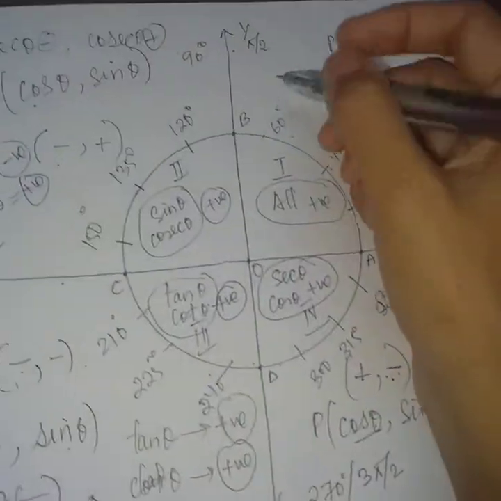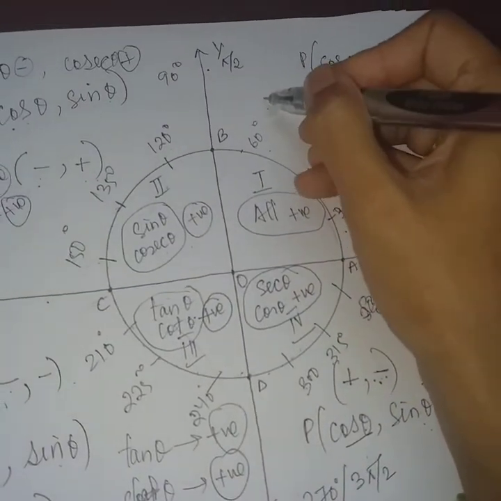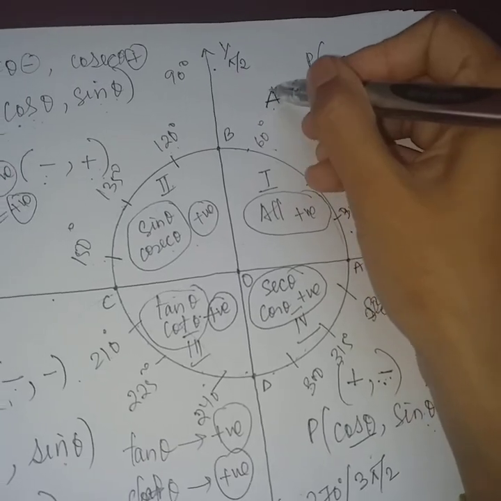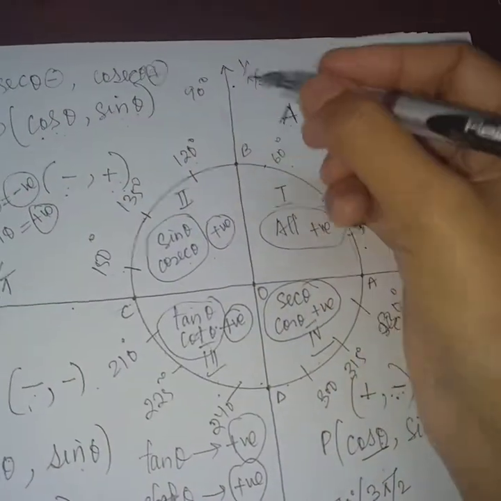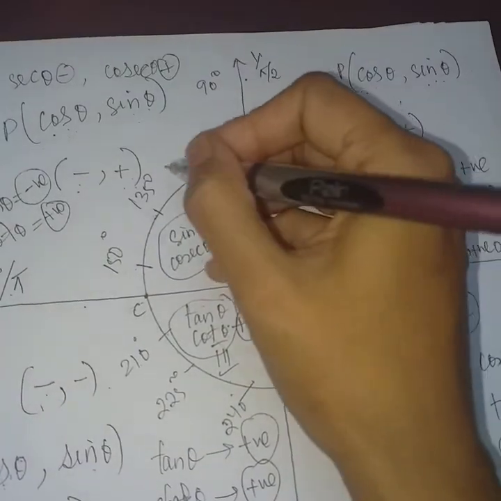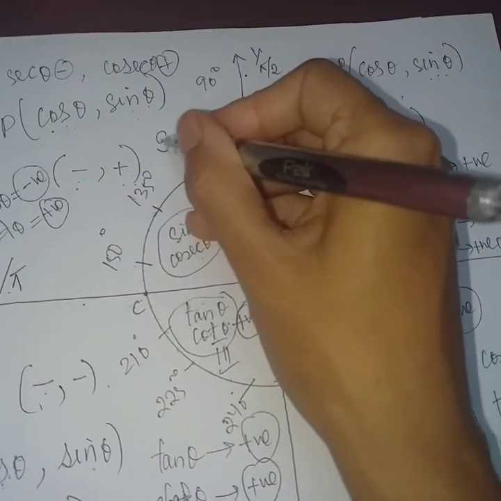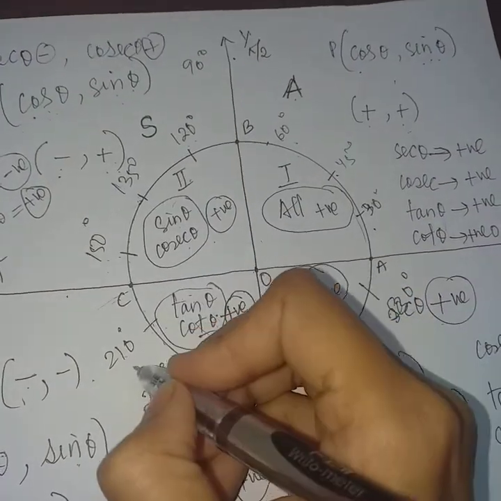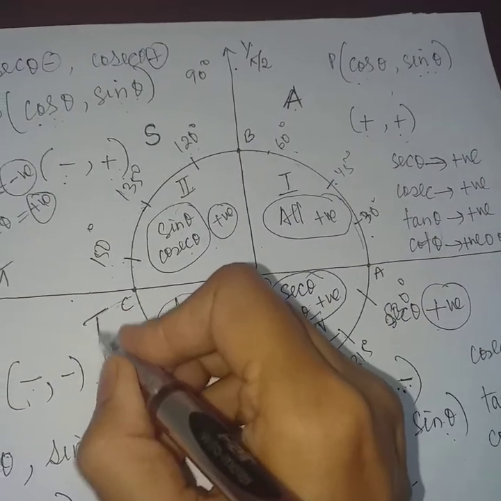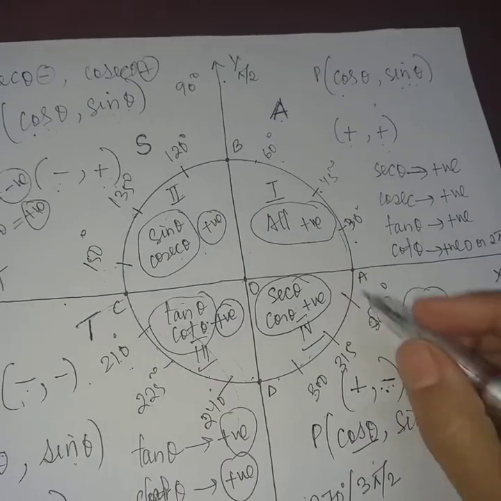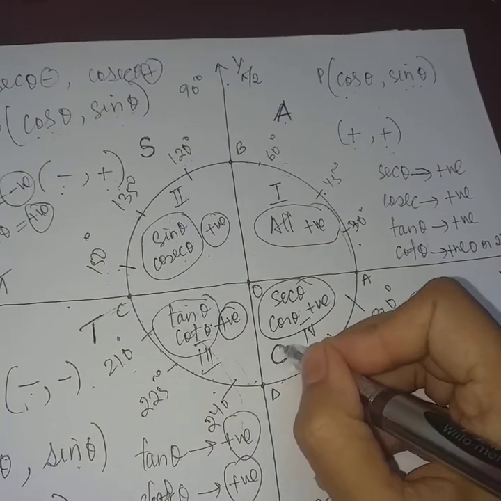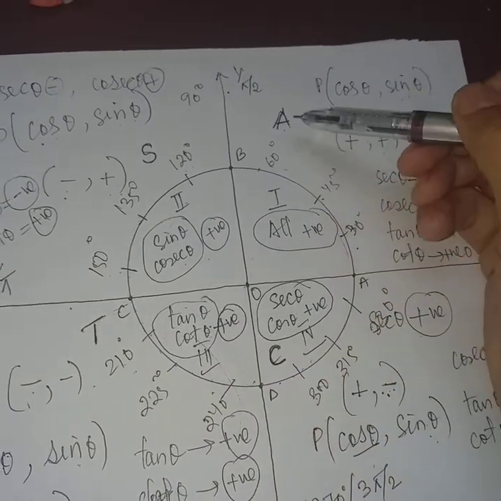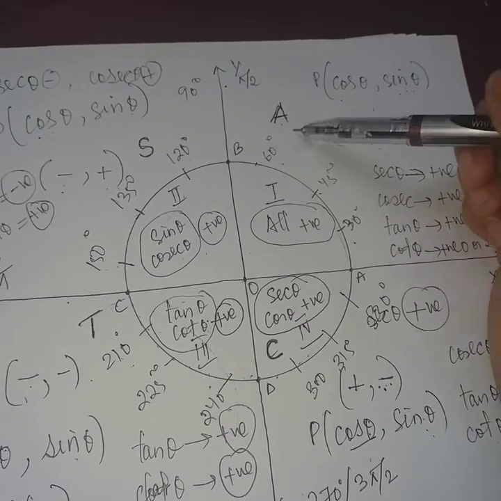Now a very easy way to learn this is that in the first quadrant all are positive. A means all. In the second quadrant, sin is positive, S. Now in the third quadrant, tan is positive, T. In the fourth quadrant, cos is positive, C. So it will be easy to remember ASTC.